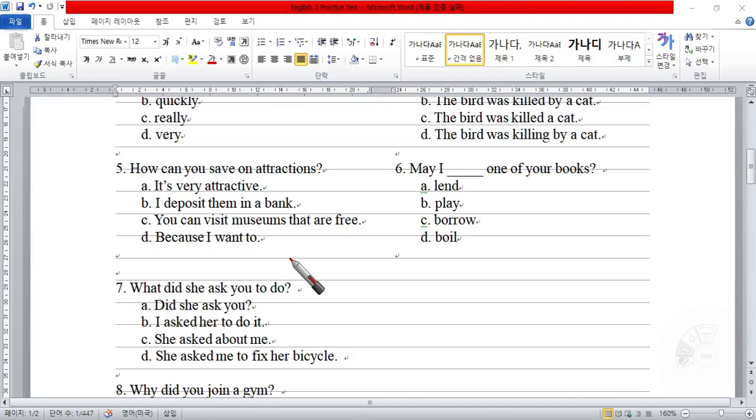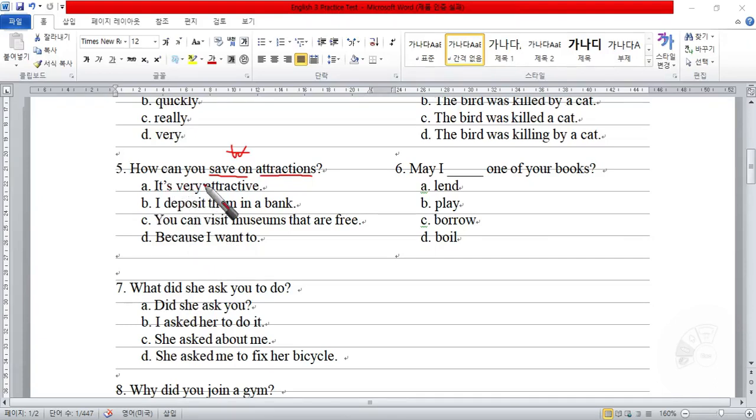Or maybe a concert. Many different types of attractions. Many of those attractions cost money. So a movie or a concert, they would cost money. So how can you save money on attractions? I don't want to spend a lot of money on attractions.